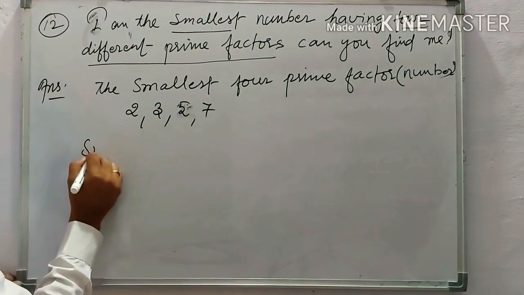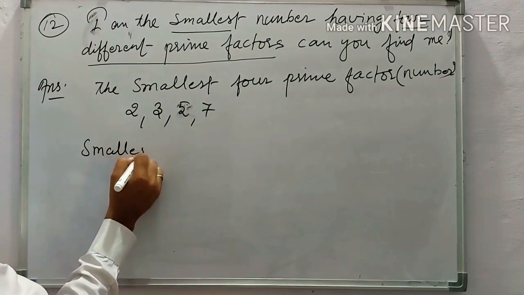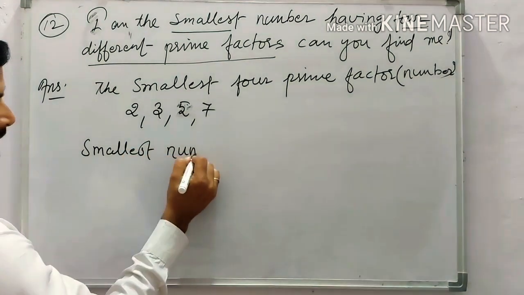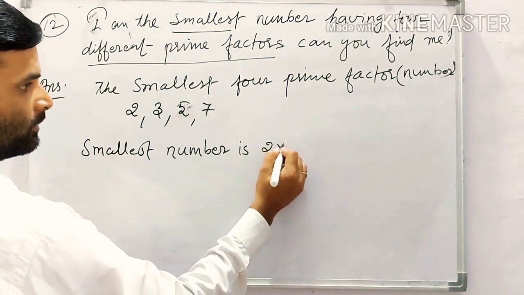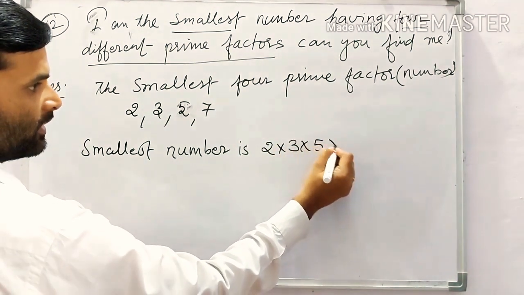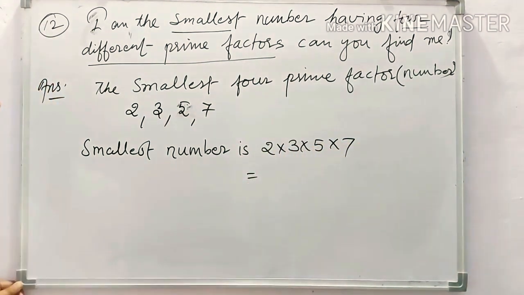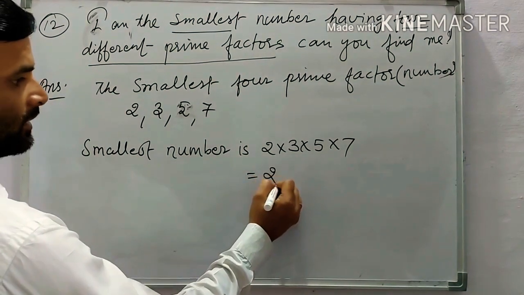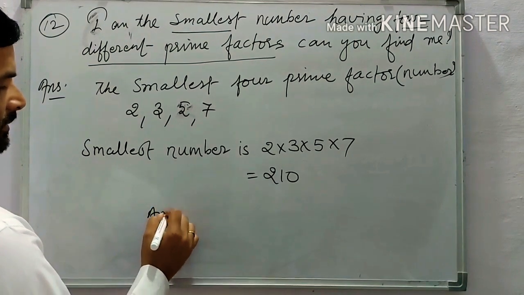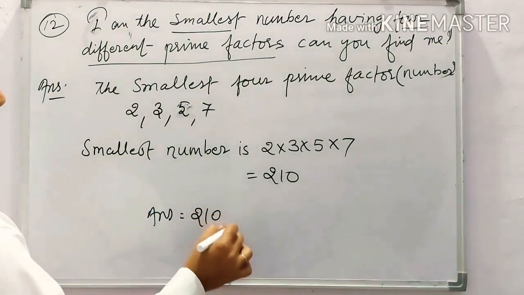The smallest number is 2 into 3 into 5 into 7, which is equal to 210. The answer is 210.